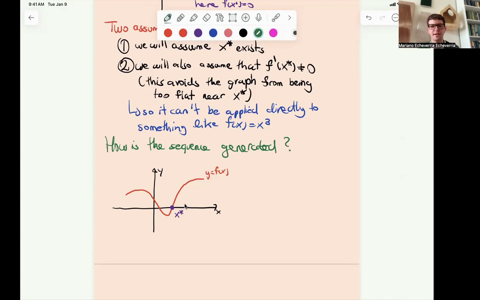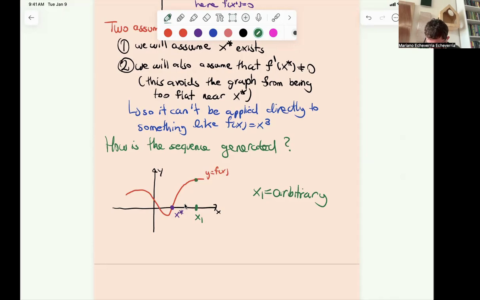Again, as always, you start with a first point which is completely arbitrary. Let's call this x1. The starting point is arbitrary, but once you start with that, everything else is fixed.